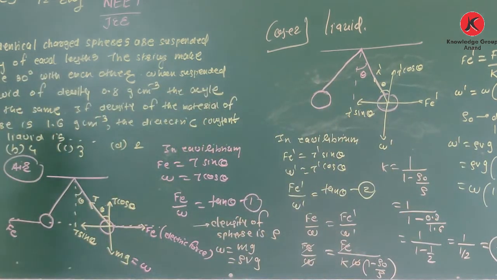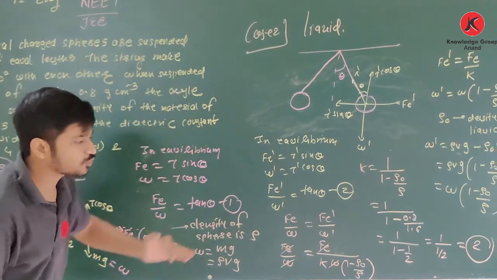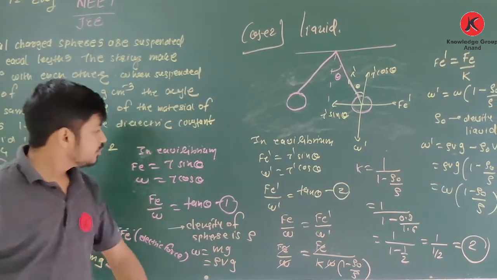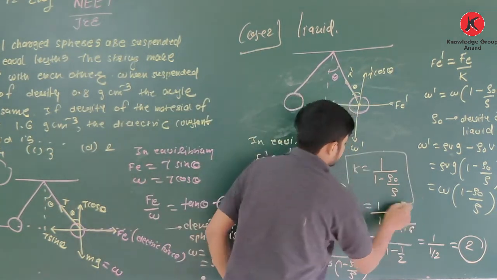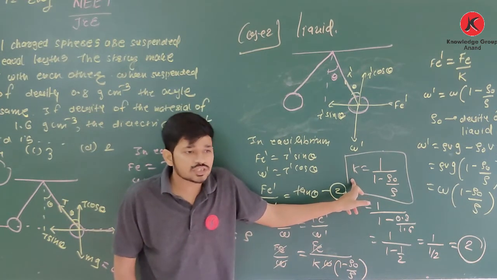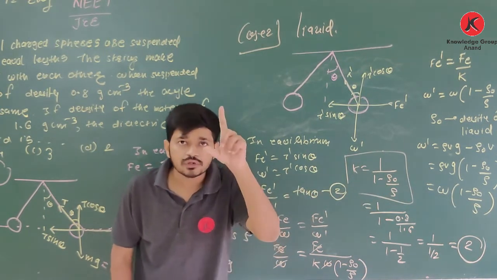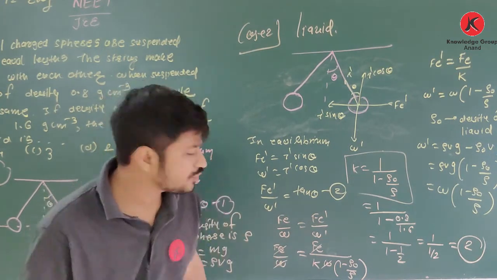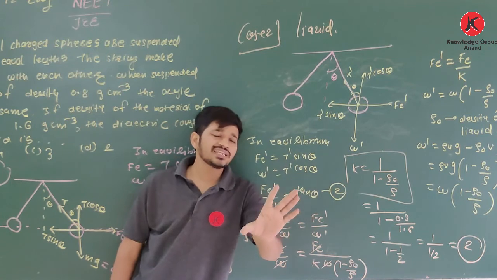Now, I have solved this question for you. You have to remember this equation only. There are three variables: K, the dielectric constant, rho 0, the density of the liquid, and rho, the density of the sphere. Out of these three, two will be given, and the other you have to find.